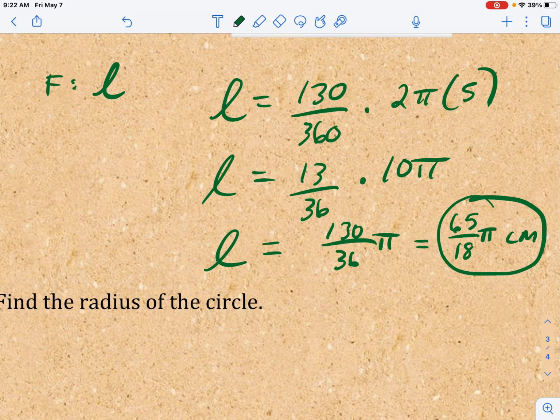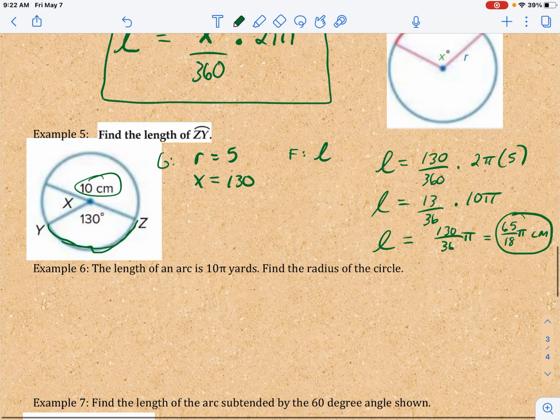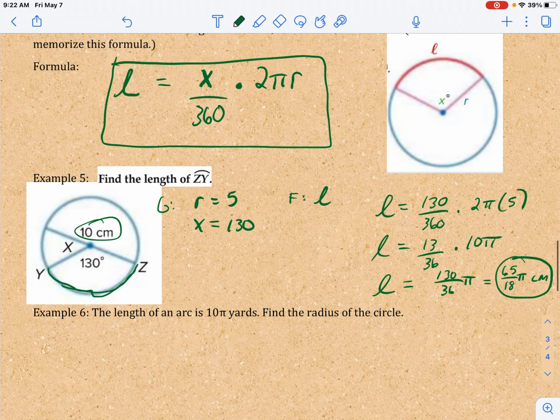You could plug that in a calculator. I'm just showing you what it would be if you left your answer as pi. So it's basically as simple as a plug and chug. Formula, plug and chug. You'll see that a lot at the end of this year.